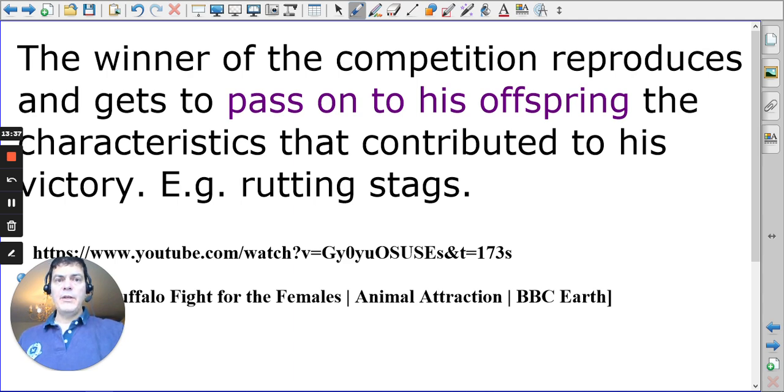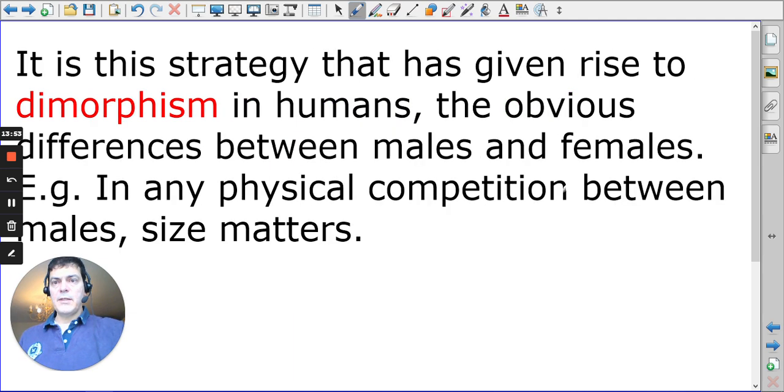Because if you win, you pass this on to your offspring. So you can see how that dominant male passes on all the good, strong, powerful genes. Also, another indication why males might need to be bigger and stronger in order to be dominant in this particular context.